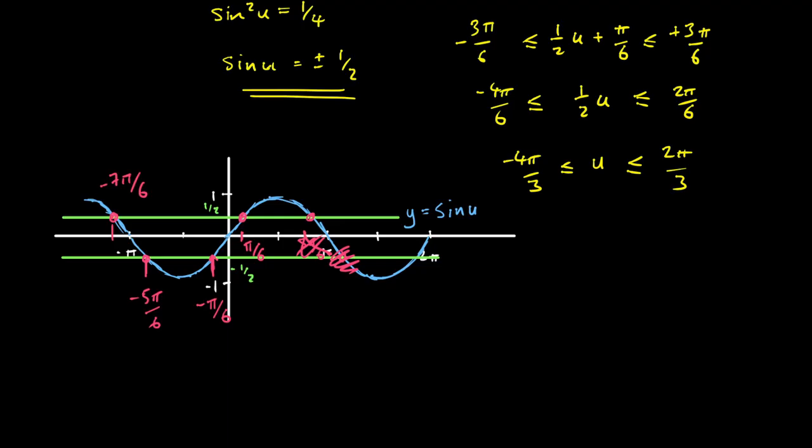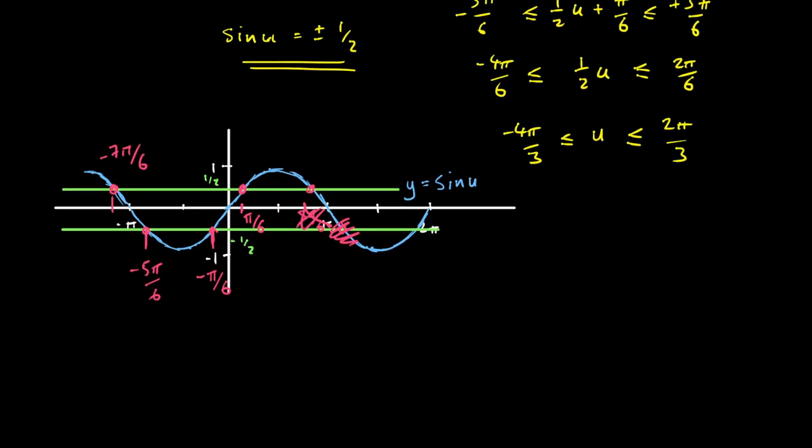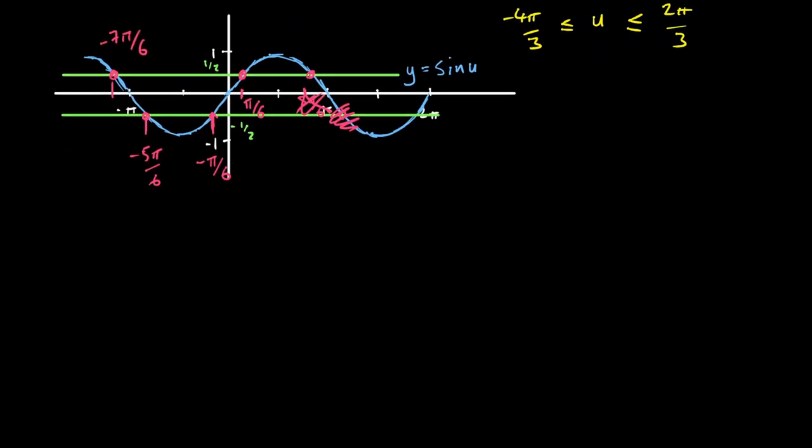So, in short, what have we got? We have got 4 solutions. The solutions are u is equal to negative 7 pi upon 6, negative 5 pi upon 6, negative pi upon 6, and then positive pi upon 6.